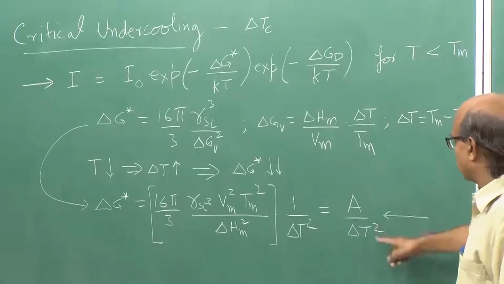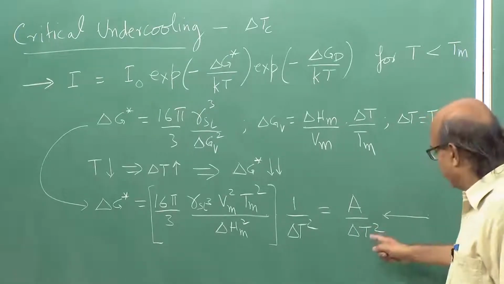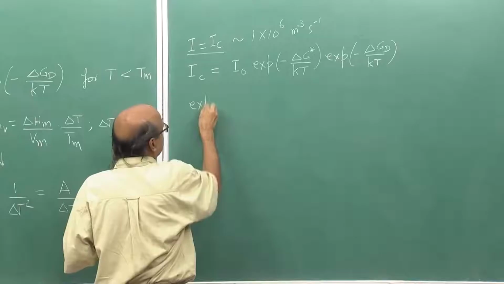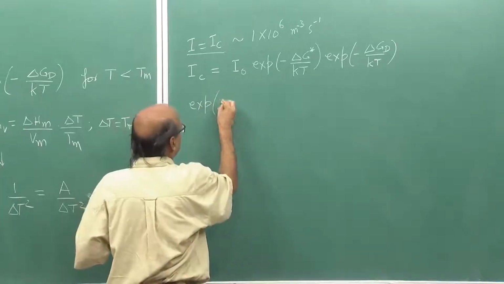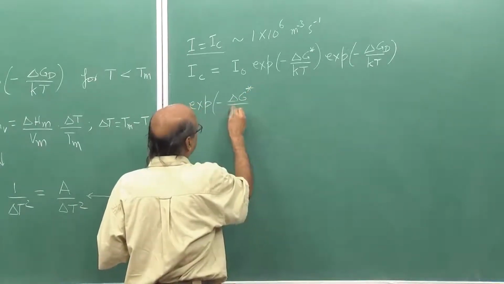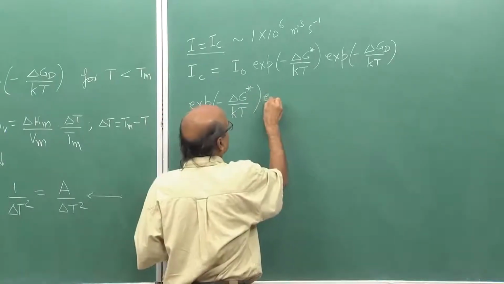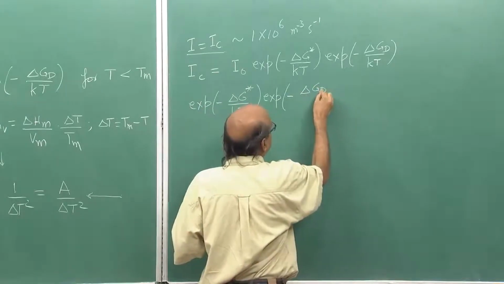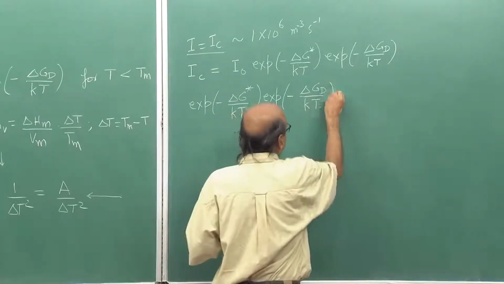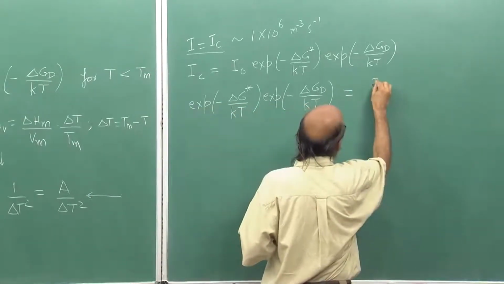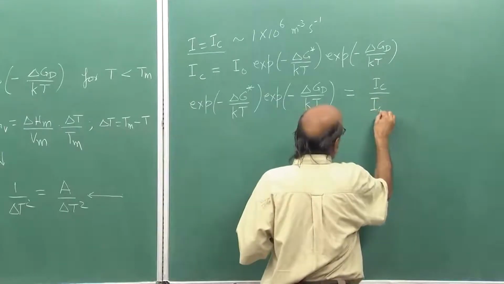Once we know delta G star, we would be able to determine the critical cooling rate. So, let me rearrange the terms and write: exponential minus delta G star upon kT times exponential minus delta GD upon kT equal to the critical rate upon I naught.